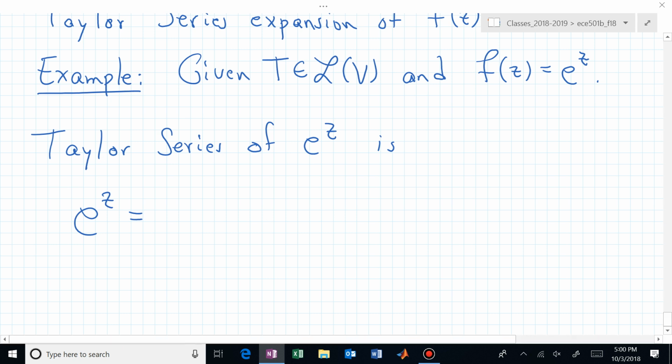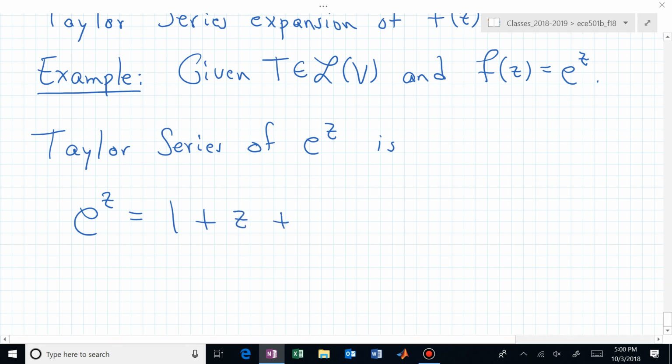e to the 0, 1, plus the first partial with respect to z, evaluated at z equals 0, e to the z at 0 is 1, times z minus 0 raised to the first power.